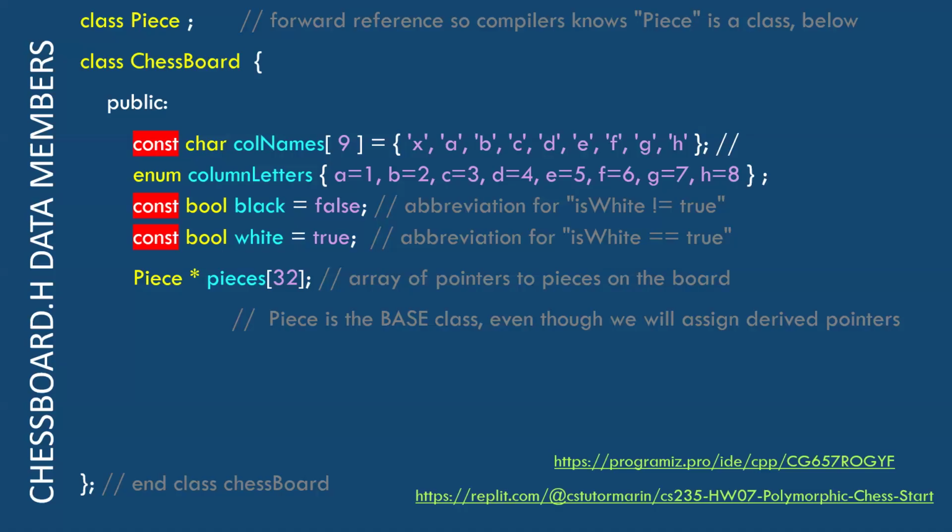So our pointers we get to have as being generic pointers to the base class. But here we will see in the next couple lectures, we can fill up that array with pointers to any child class that inherits from the piece class. So this is one of the examples we refer to when we talk about polymorphism. Okay, so we'll get into all of this.